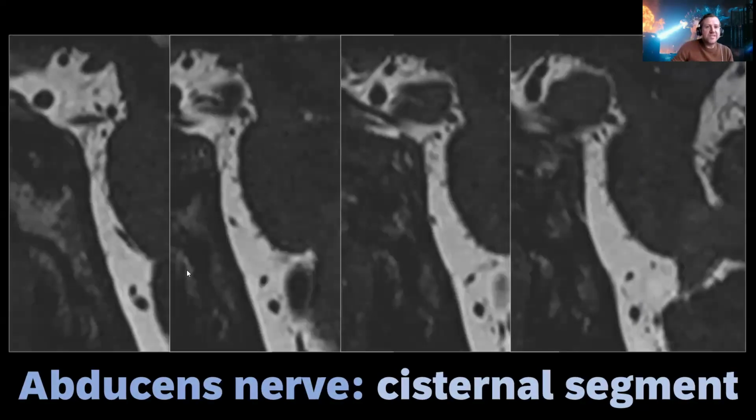Let's look at these sagittal images, and this time I'm scrolling from medial to lateral. Here we see the abducens nerve exiting the brainstem at the level of the pontomedullary junction, and I scroll a bit laterally. Here is the abducens nerve. I still see it over here, and here it's entering a very thin T2 hyperintense channel called Dorello's canal.